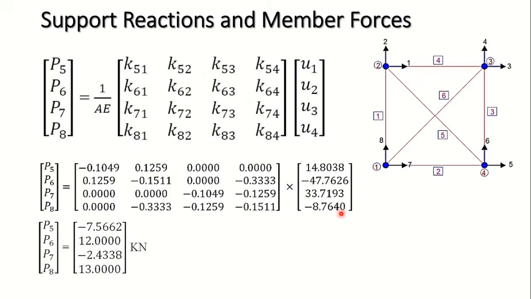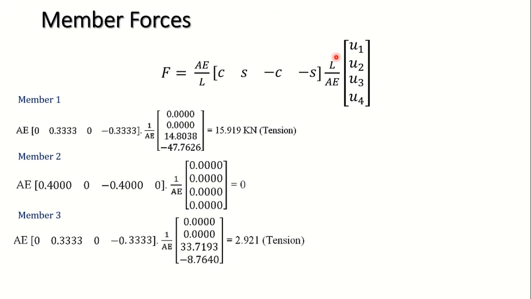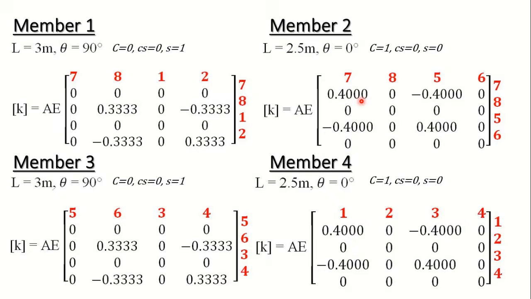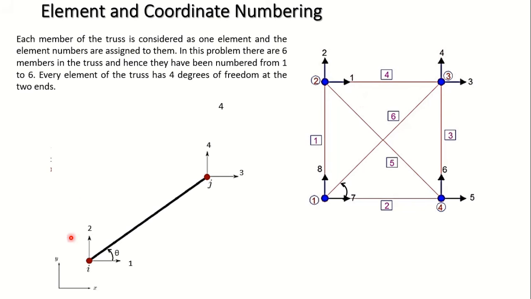When it comes to finding member forces, I am talking about the coordinates for that respective member. U1, U2, U3, U4 are the coordinates for that member, which I showed in this figure. So for that one individual member, these are the U1, U2, U3, U4 values.